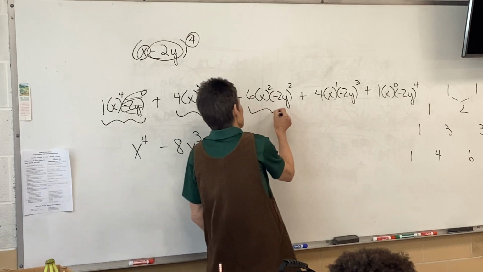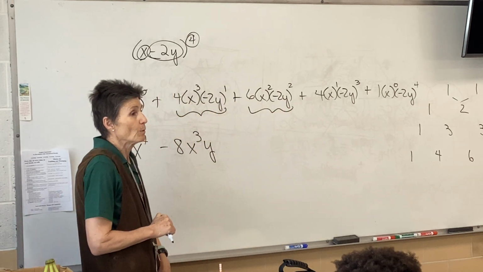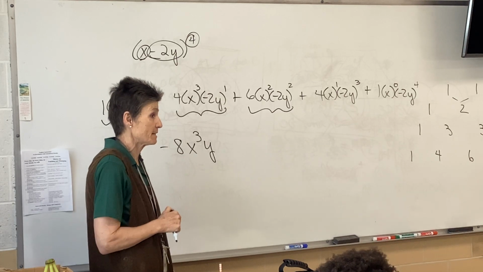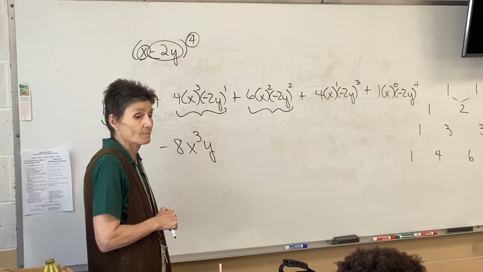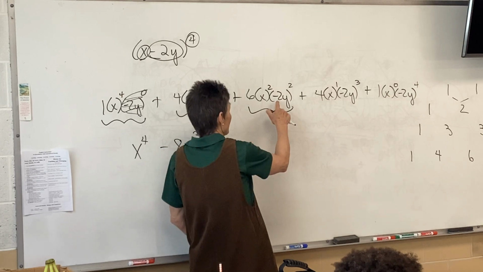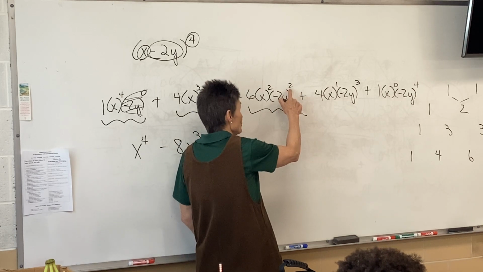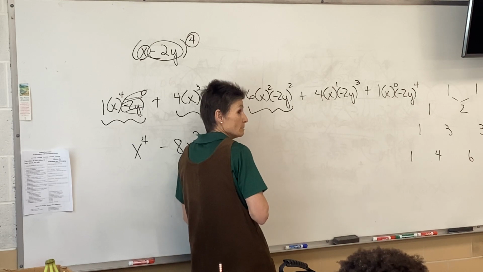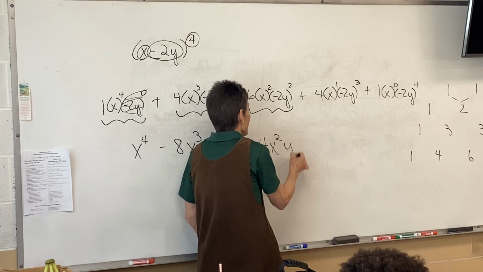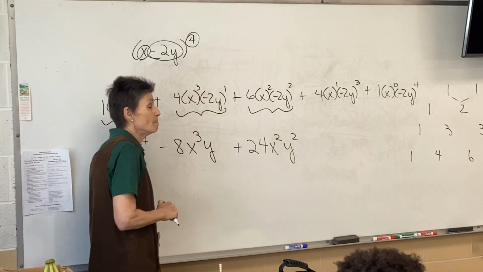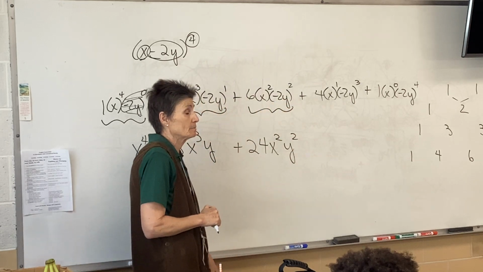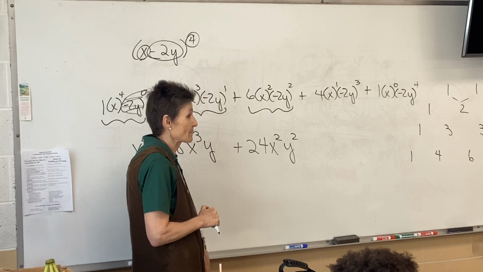Here is where we run into trouble. Remember that the exponent goes on everything inside the parentheses. So the exponent goes on the -2 also. What's -2 squared? 4 times 6 is 24. And it's positive because -2 times -2 is a positive number. Same thing here.